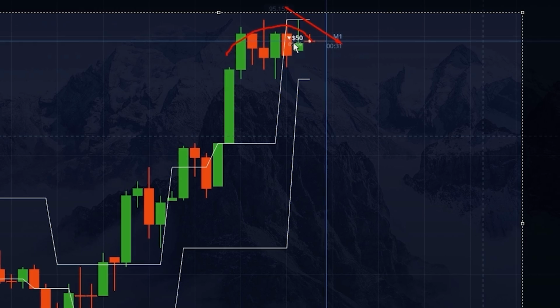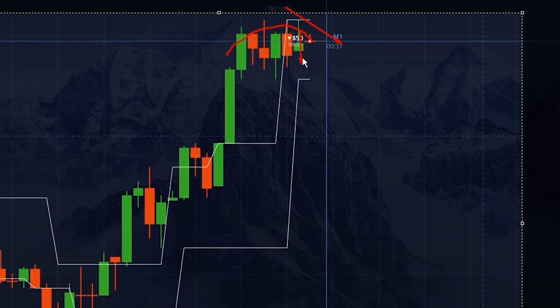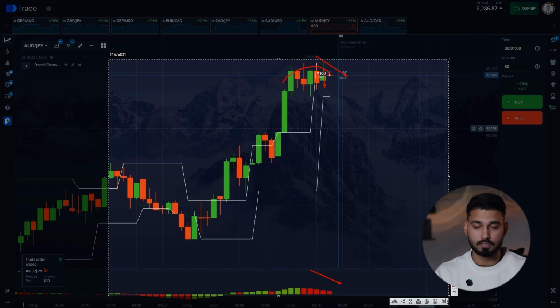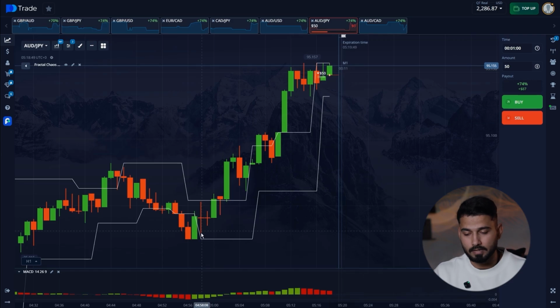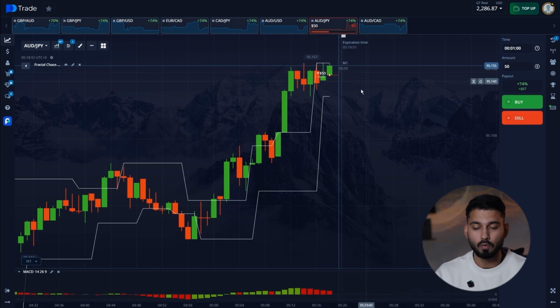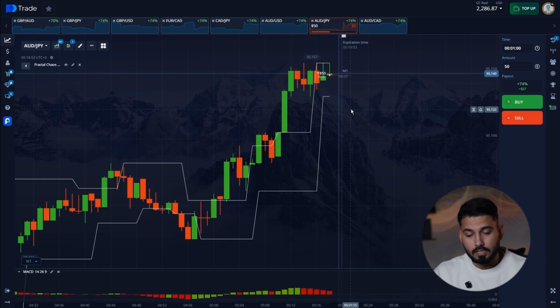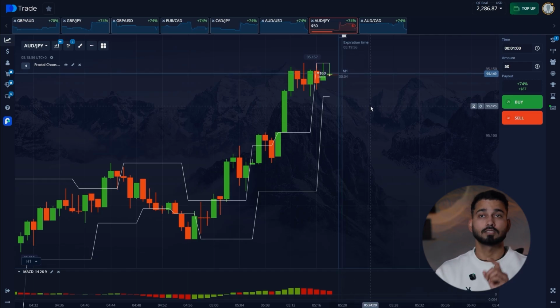Right now the asset is preparing to decline and we are capturing this movement. The price has been rising for a long time. This can't last forever, and our signals are precisely indicating a trend reversal. Now all that's left is to wait for expiration and take our first profit.